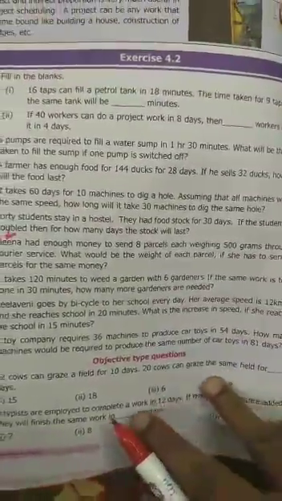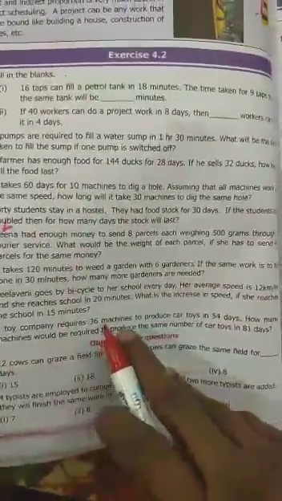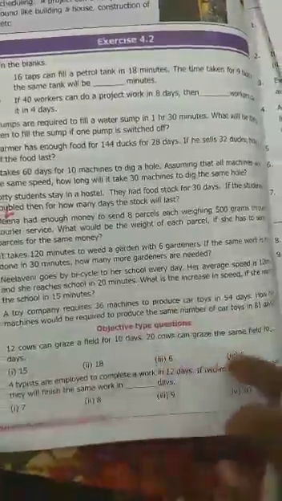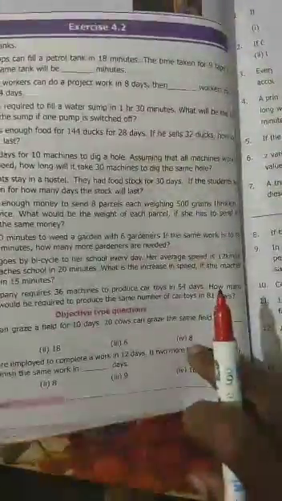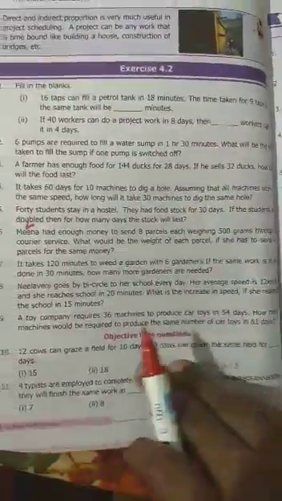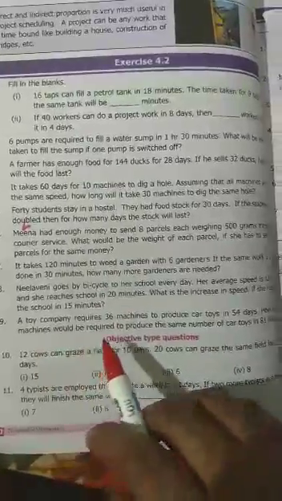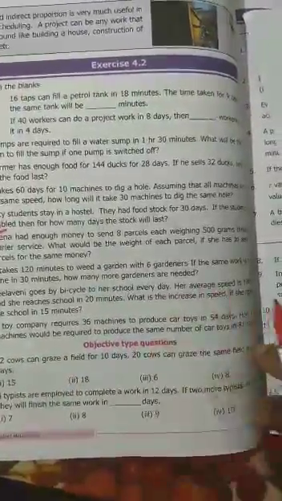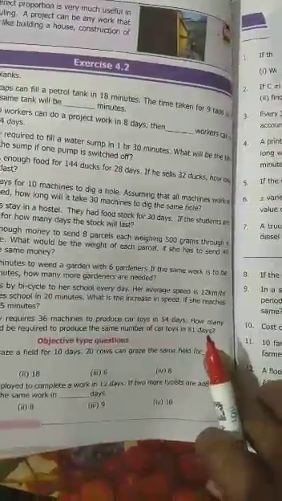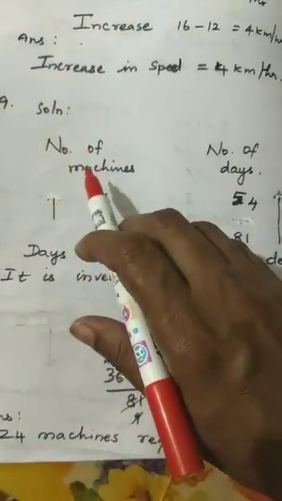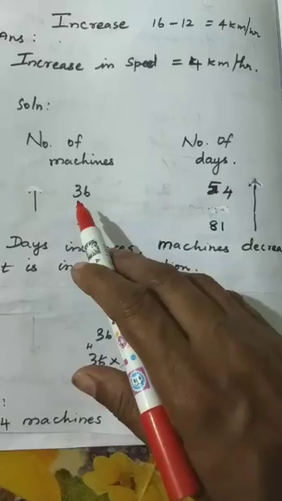9th problem. A toy company requires 36 machines to produce car toys in 54 days. How many machines would be required to produce the same number of car toys in 81 days? So 9th one, solution. Number of machines is 36.